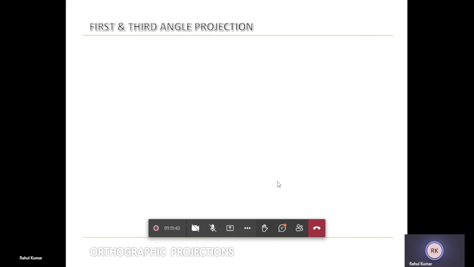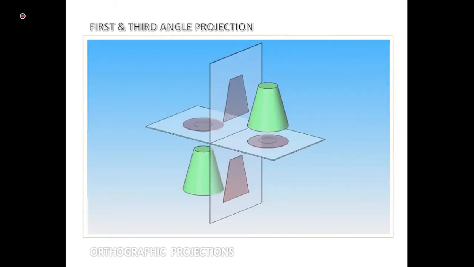Behind the screen, or behind the curtains. So is there a change in the position of the object with reference to the plane on which you are projecting it? Yes, sir. From there itself, this concept of first angle projection and third angle projection has evolved.